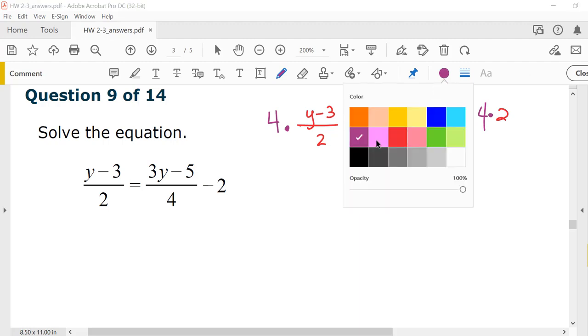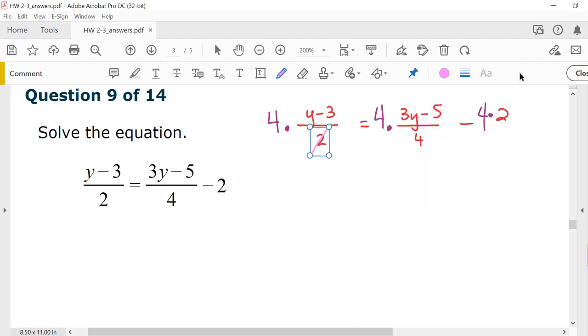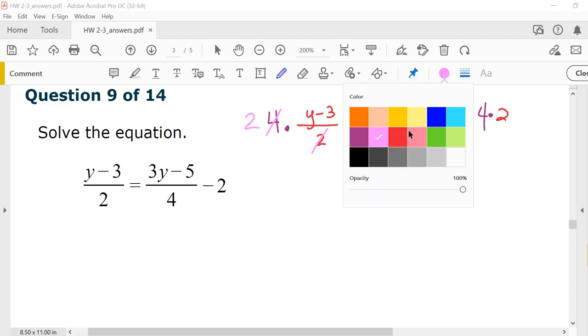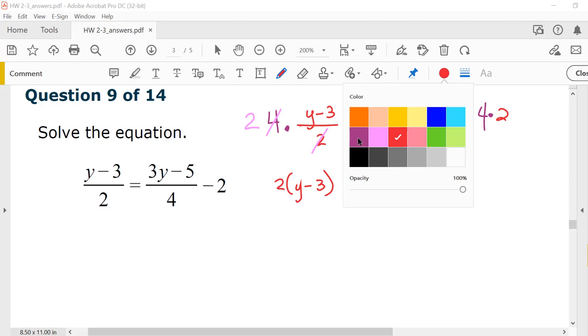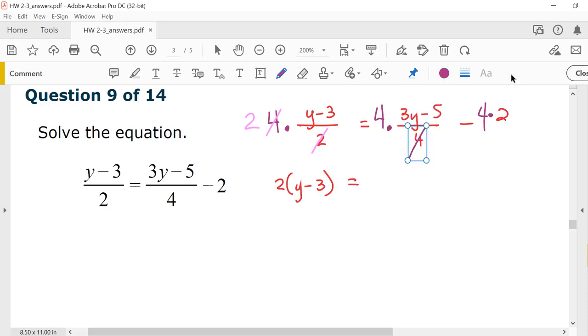Okay, when I do that, 2 will go into 4 2 times. So that first term becomes 2 times y minus 3 equals the second term, 4 goes into 4. So I'm just left with 3y minus 5 minus 4 times 2 is 8.